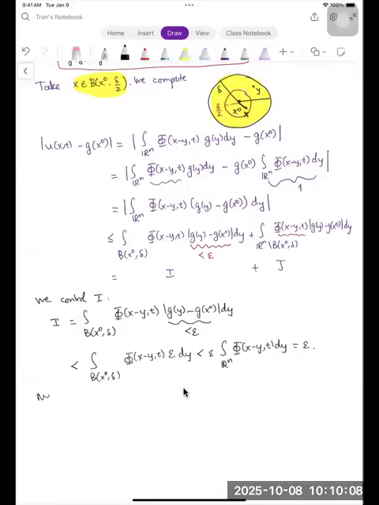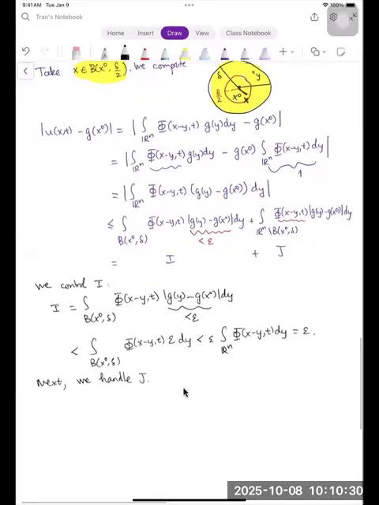And then next, we're going to control the second term, J. To handle J, let's note a little bit. I drew the picture up there, but let me draw it again so that it's clearer. We have this is x naught, and I have two balls.